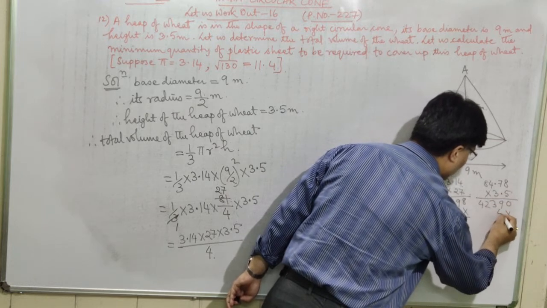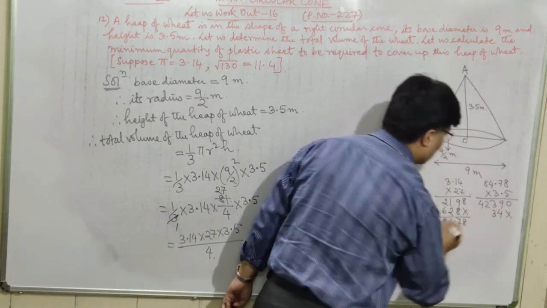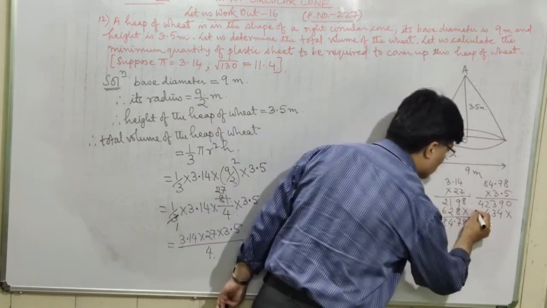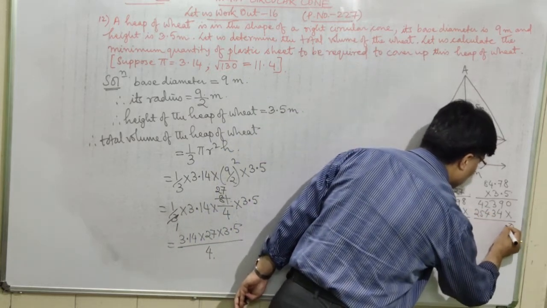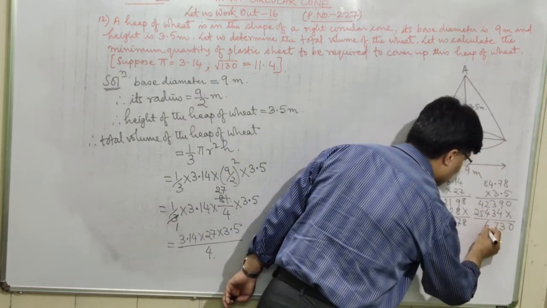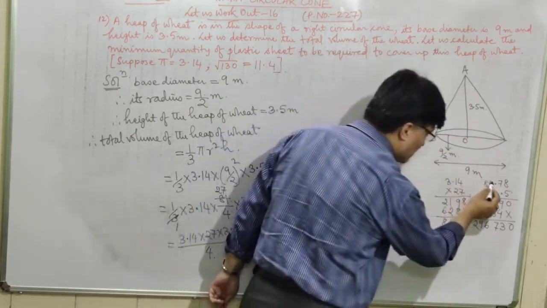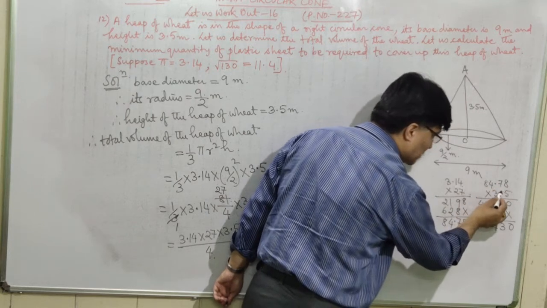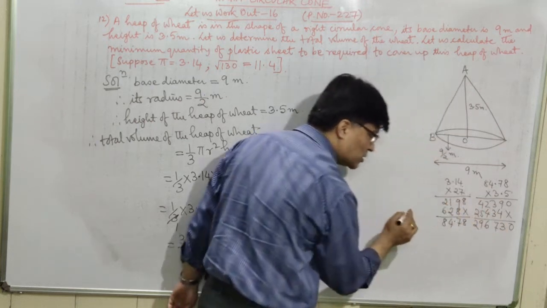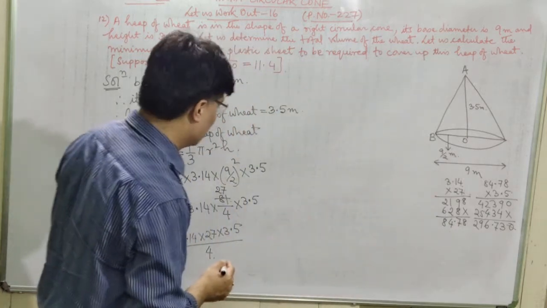So 3 8s are 24, 4, 2. 7 3s are 21, plus 2 is 23, 2. 4 3s are 12, 12 plus 2 is 14, 4, 1. 8 3s are 24, plus 1 is 25, right? 0, 9 plus 4, 13, 3, 1. 4 plus 3 is 7, 4 plus 2 is 6, 5 plus 4 is 9, then 2. So after the decimal point there are two figures in one number and one figure in the other. 2 plus 1 is 3. So you have to write down the decimal point before three figures from the end. So it is 296.73.